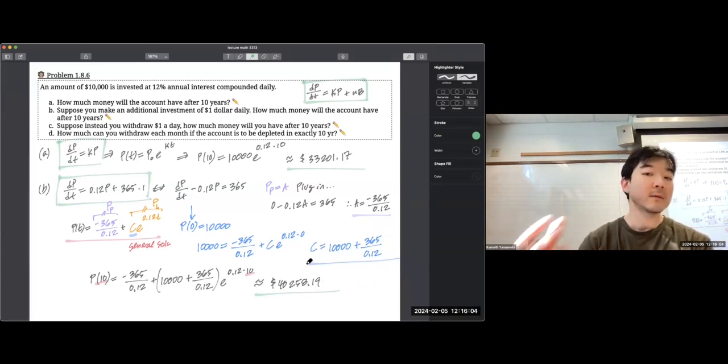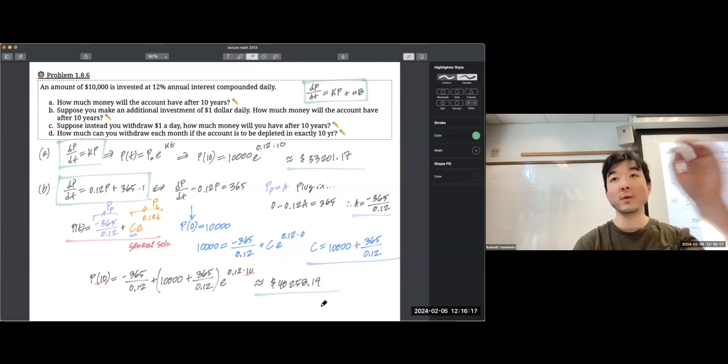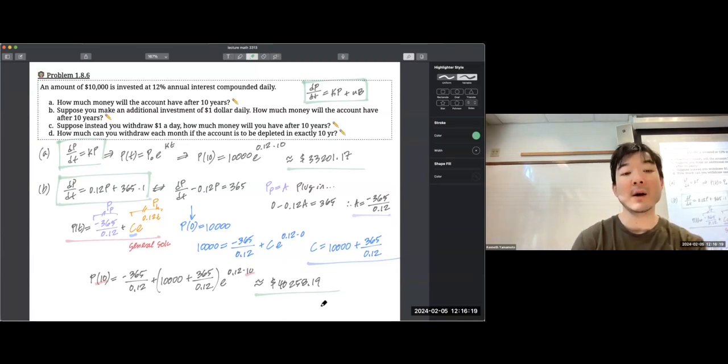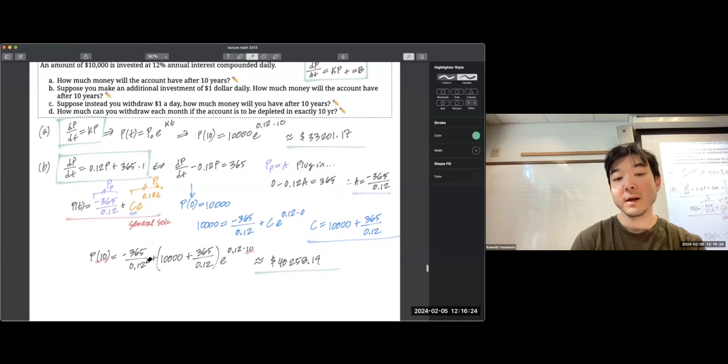But if you contributed $365 every year for 10 years, it's just adding a zero after this. So because of interest, your actual difference is more than your actual explicit amount of contributions you're making. And so that's the benefit of having compounding interest.